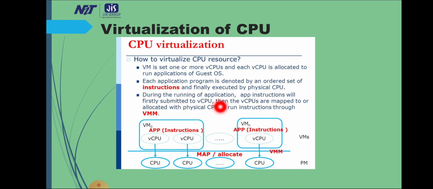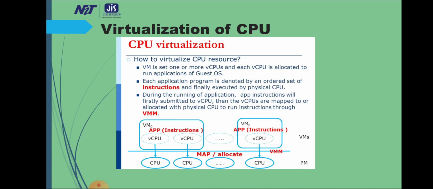During the running of an application, its instructions are first submitted to the vCPU, that is, the virtual CPU. Then the vCPUs are mapped to physical CPUs through the VMM to run the instructions, from virtual machine 0 to virtual machine n, all under the supervision of the VMM.